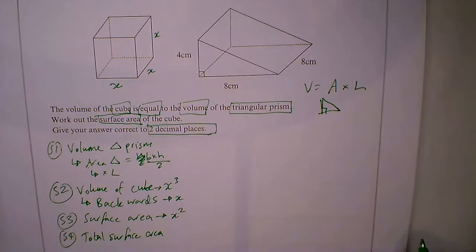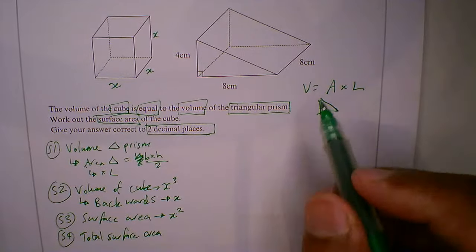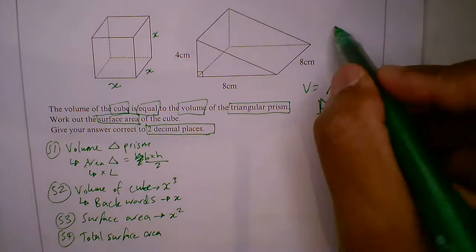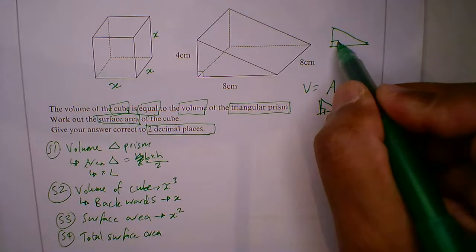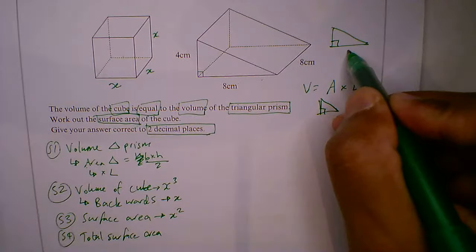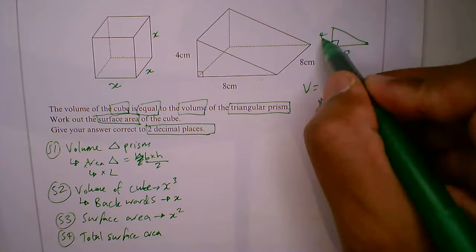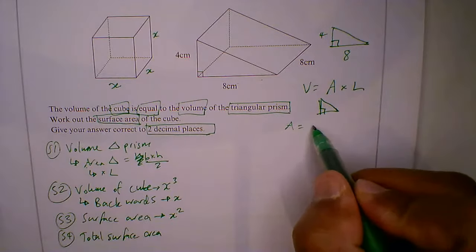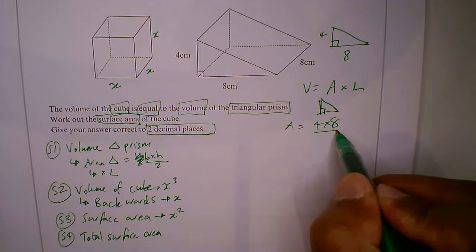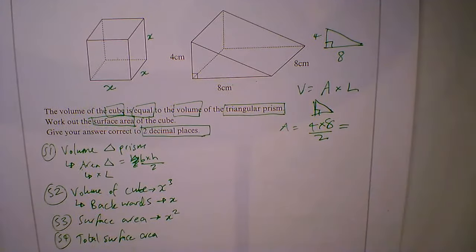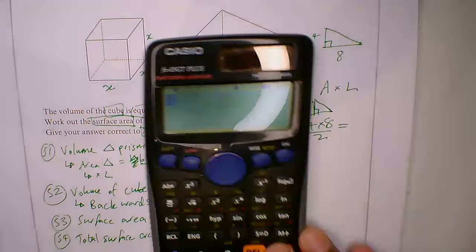All right, so I hope that's clear. Let's go through this. So area of a triangle. So this is my triangle. Let's make it really clear. My base is 8 and my height is 4. So my area equals 4 times 8 divided by 2. What is that? Let's put that into the calculator.